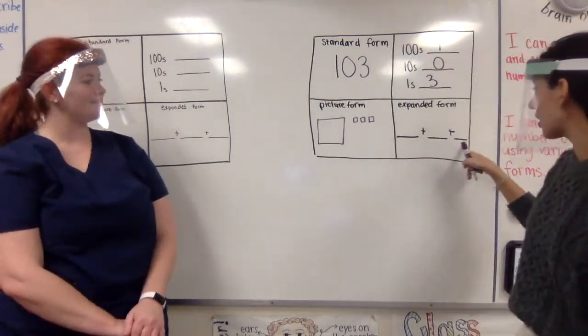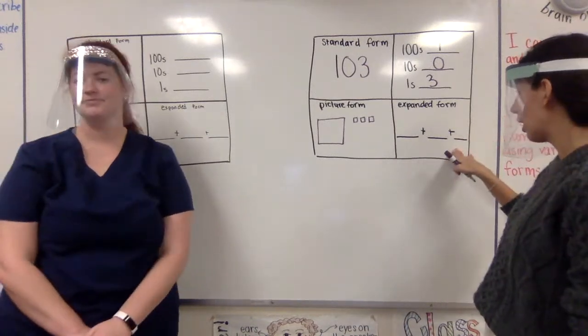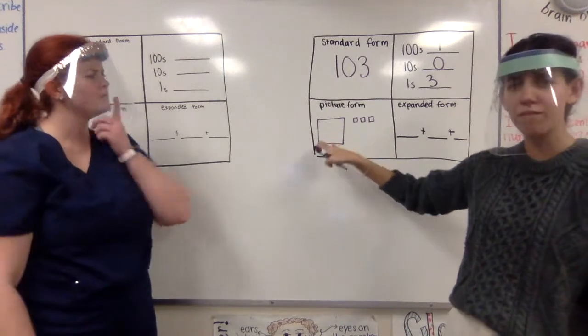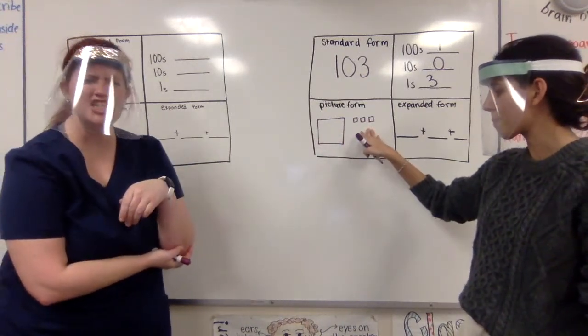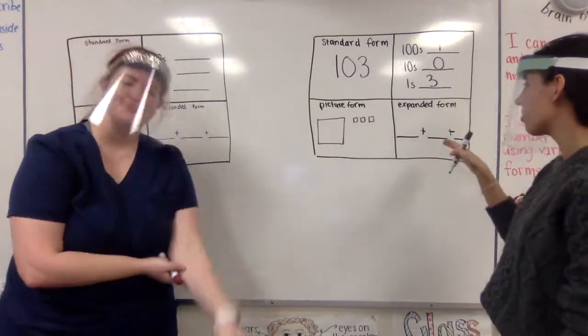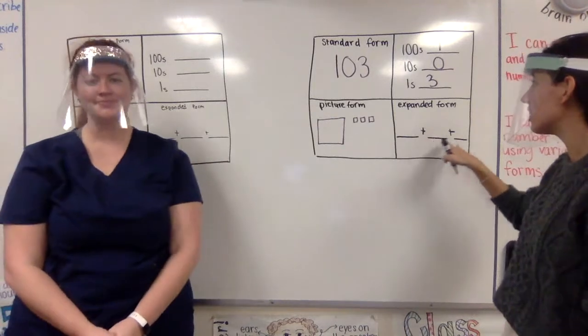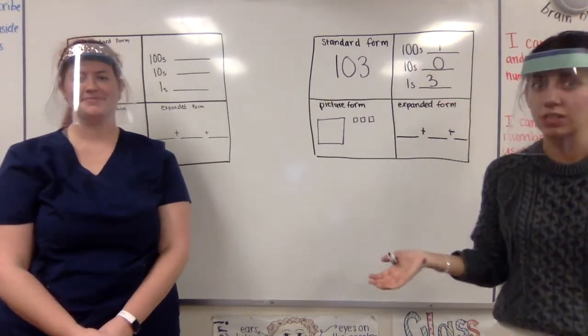Well, for my expanded form, now I know that I have 3 blanks here, but I only have 2 different forms drawn right here. Can you just take one of the blanks away, Miss Lestico? Oh, well, no, I know that I have to show that I know the value of every single one of my places, even if there's none of them.